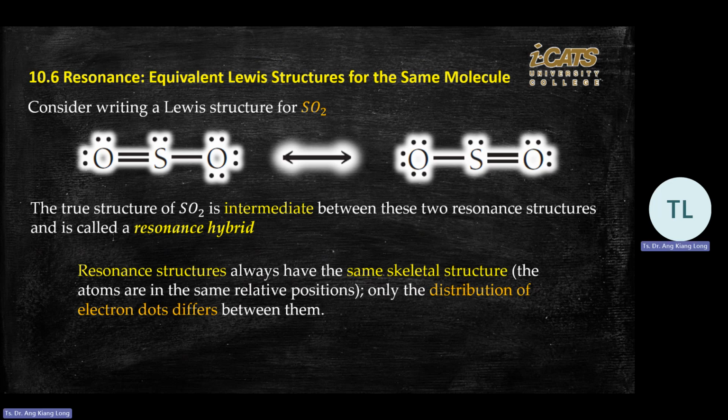In the test or final exam, it is very direct. If the question asks you to draw Lewis structures for resonance, if you see the keyword resonance in the question, then for sure you will have more than 1 Lewis structure expected.